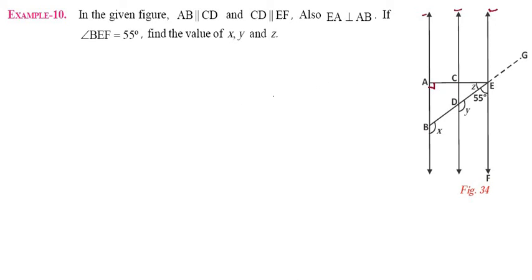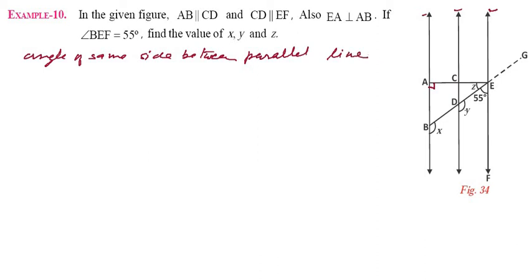Yes. Now how can we find the X and Y? You can see angles of same side. First of all, you can say angles of same side between parallel lines. So parallel lines, so Y plus 55 is 180.